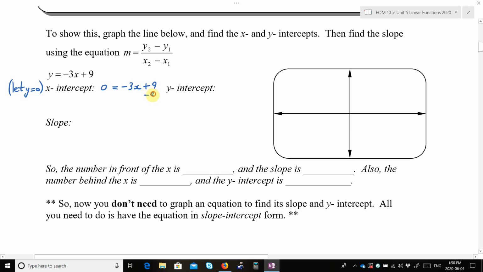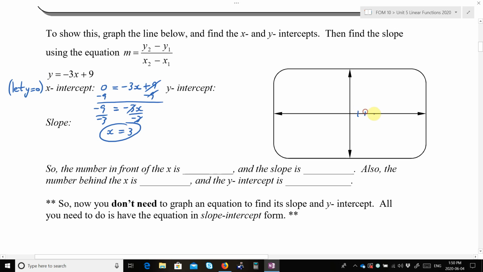Subtract 9 from both sides, and you get negative 9 equals negative 3x. Divide both sides by negative 3.